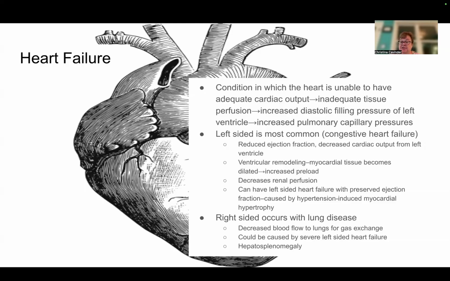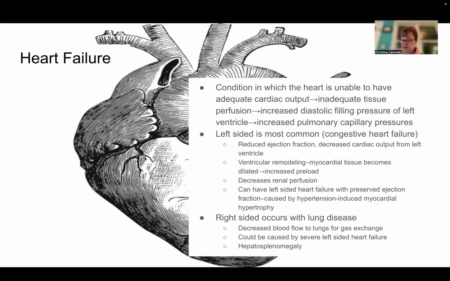Right-sided occurs with lung disease, so the blood can't get into the lungs because its perfusion into the lungs is very poor. So it can't do gas exchange. And then it will back up into the right side of the heart. Well, if it backs up into the right side of the heart, where's it going to go? It goes to the right atria and then into the vena cava.